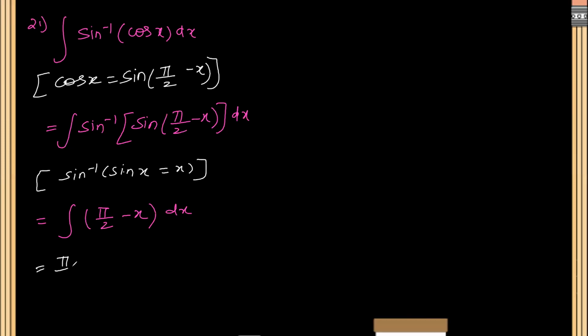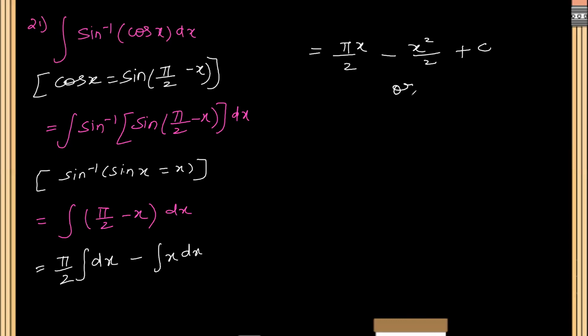So we can take it outside of the integral and write pi by 2 into integral dx minus integral x dx. Integral dx is x, so we can write it as pi x by 2 minus integral x, which is x square by 2, plus c is the final answer. Either you can group these terms as we have the same denominator, pi x minus x square by 2 plus c; if you write like this also, nothing wrong.